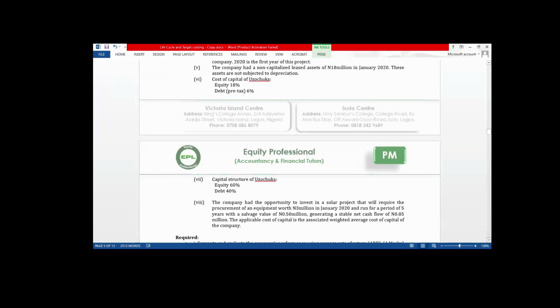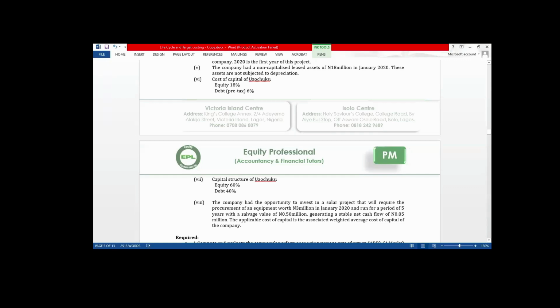Examiner says the company had the opportunity to invest in a solar project that will require the procurement of an equipment worth 3 million naira in January 2020 and run for a period of 5 years, with a salvage value of 0.5 million, generating a stable net cash flow of 0.58 million.